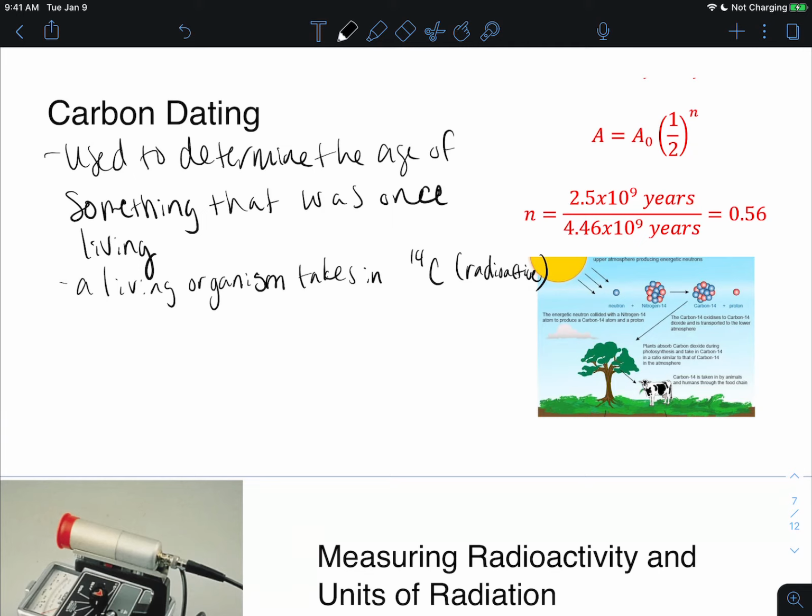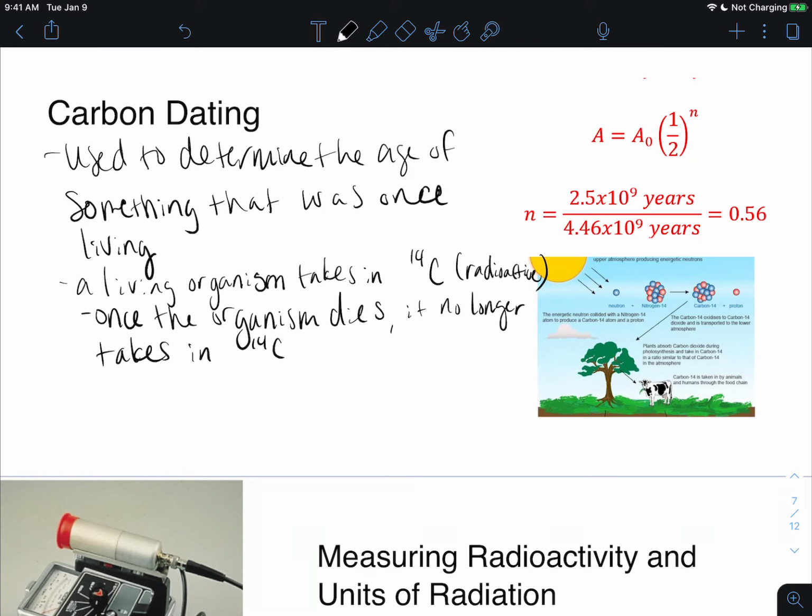However, once the organism dies, it no longer takes in carbon-14. So all of the carbon-14 that remains is going to slowly decay to carbon-12.